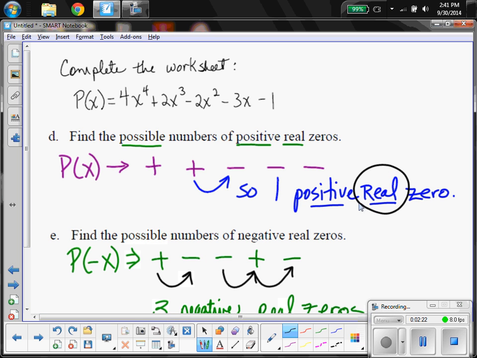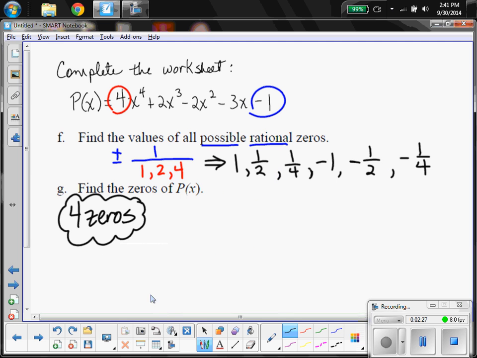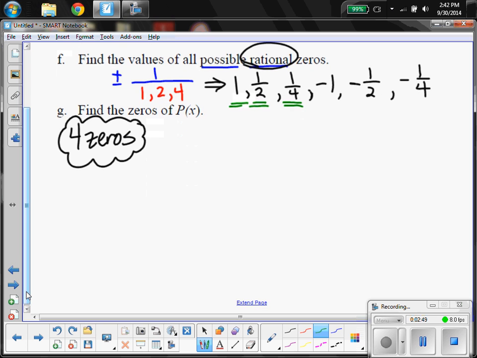I'm not really sure that that one positive real zero is also a rational zero, but if I'm going to use process of elimination to decrease the amount of work, I might as well just try the positive rational numbers first to determine if any of those are zeros of the function.